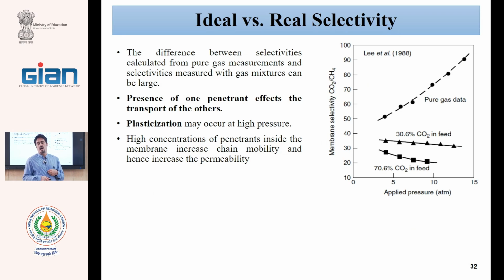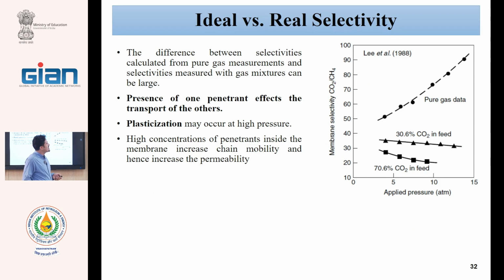But in the ideal case, we have a mix of the gases. Why do we not use the mix of the gas in the lab? Because the measurement of the mix of gas needs gas chromatography, and many labs have no gas chromatography. Therefore, we report the ideal selectivity.